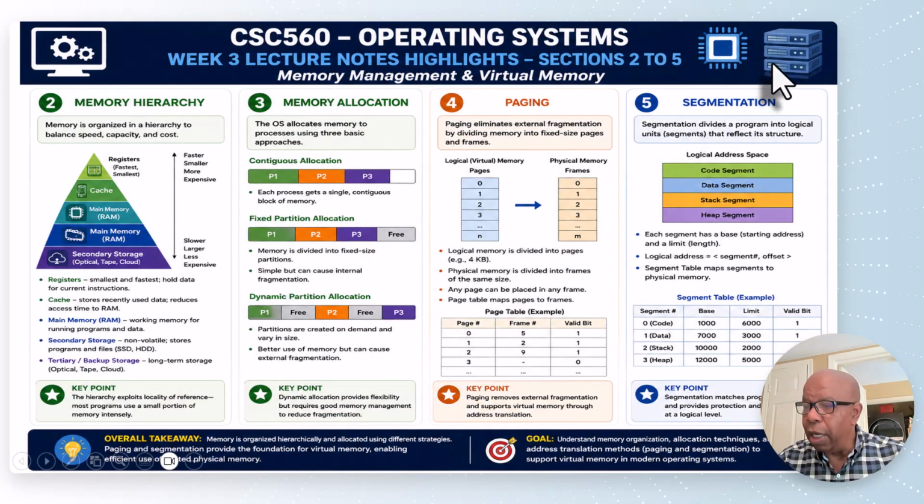So here again, the logical pages that I'm basically building are dividing memory up, and I correspond that to a physical memory frame. So logical memory is divided into pages. Physical memory is divided into frames of one size. Any page can be placed in any frame.